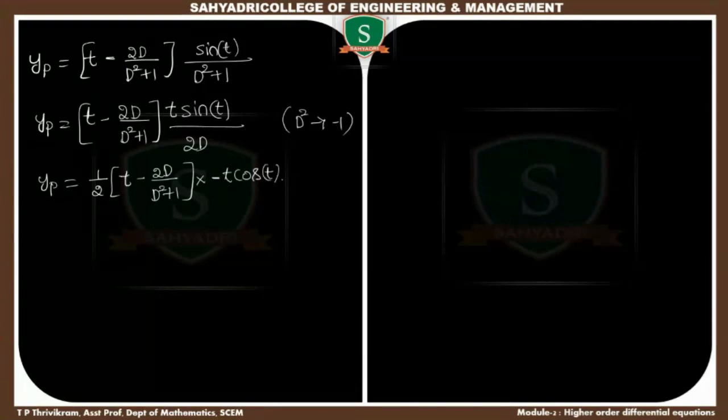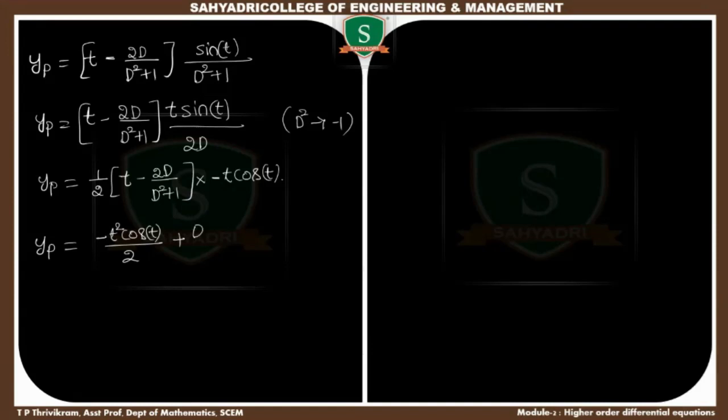Okay, now multiply this inside. Yp is equal to 1 by 2 into minus t square cos t. If you want to take this 1 by 2 also inside, you can write it as minus t square cos t divided by 2.